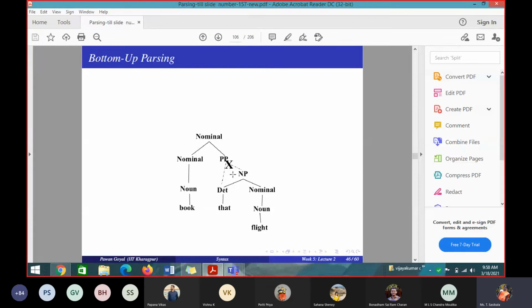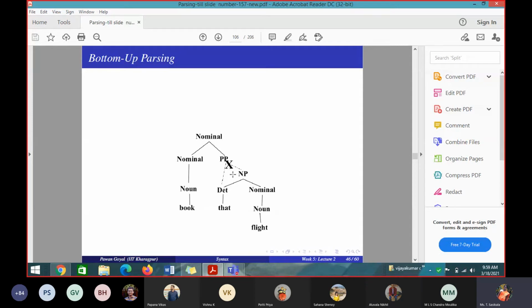From that now again it derives what? Nominal gives nominal PP is there. Nominal gives nominal preposition phrase. Is that rule available? Yes, ma'am. But preposition gives what?